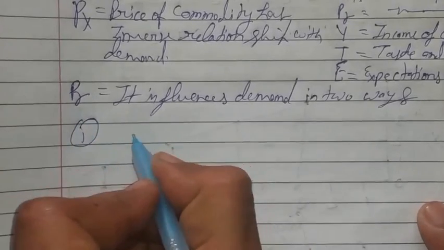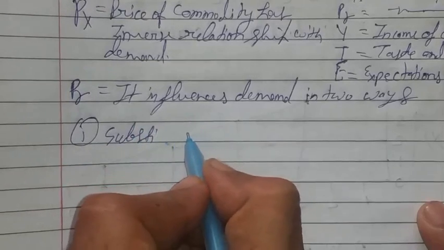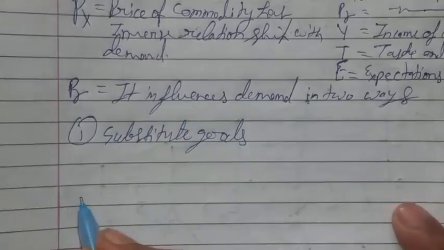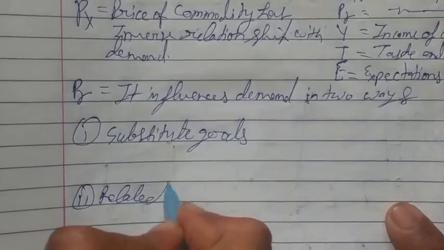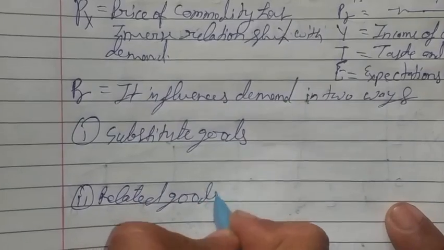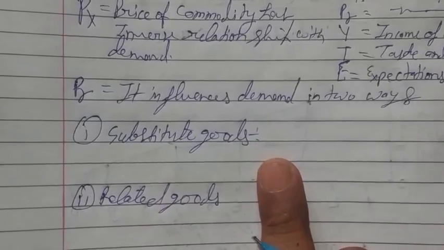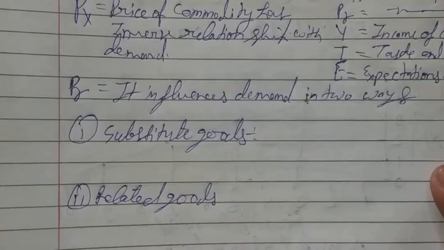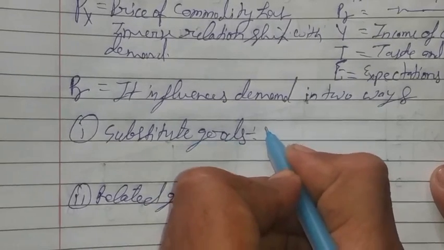The first category is substitute goods, and the second category is complementary related goods. If the price of substitute goods goes down, then the demand of the main goods would go down.